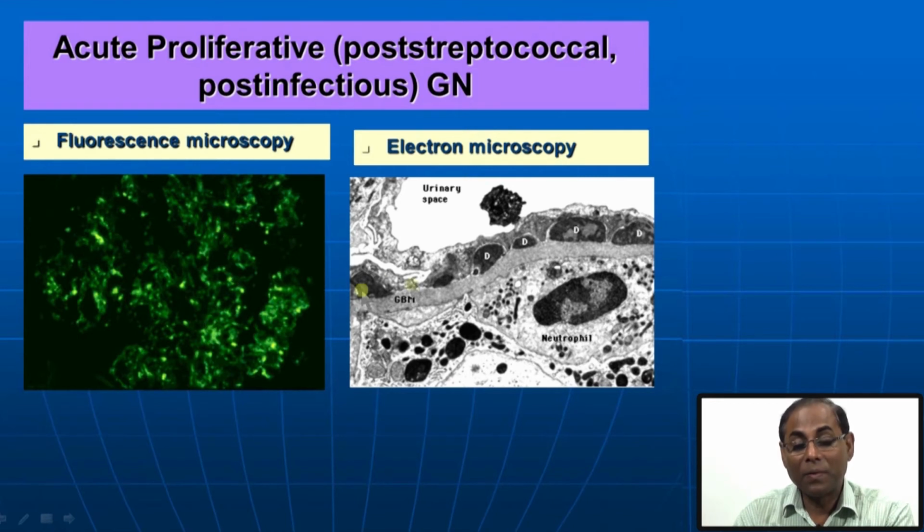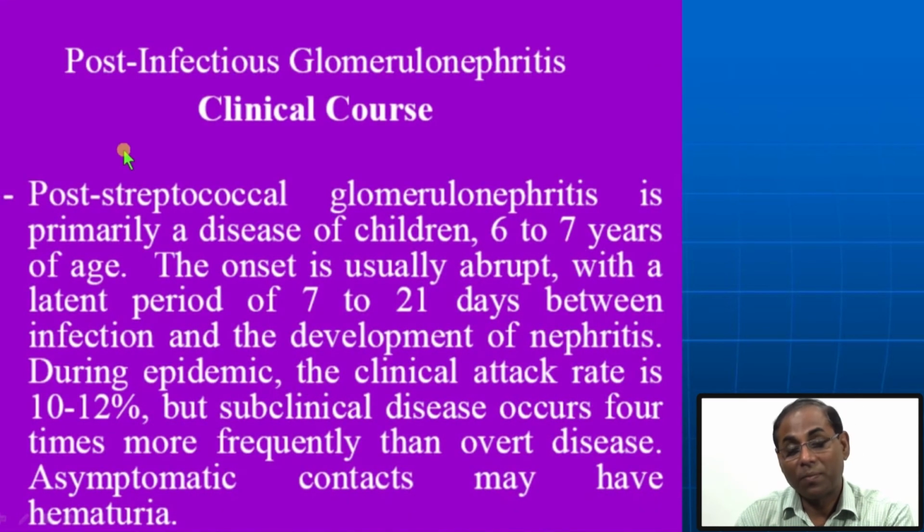When we see these deposits under EM, this is the epithelial side and this is the endothelial side. Neutrophils are coming up to remove the immune complex deposit from the endothelial side. But on the epithelial side, you typically see electron dense hump formation. These electron dense humps are the typical diagnostic electron microscopic feature of post-infectious or post-streptococcal glomerulonephritis.